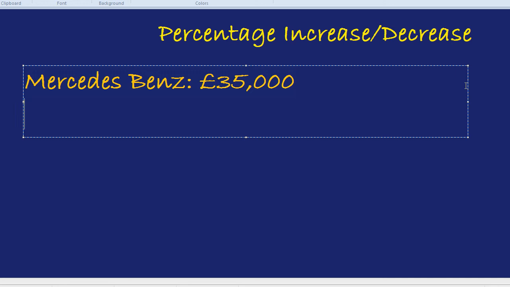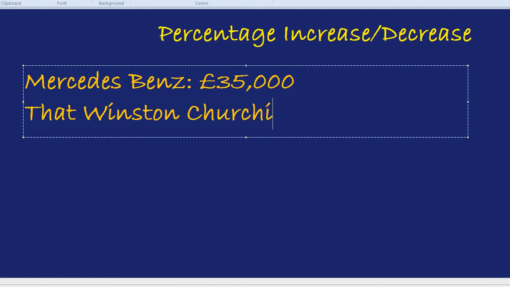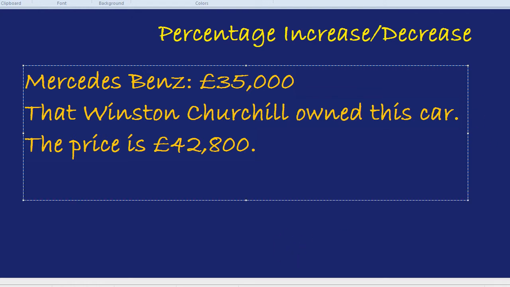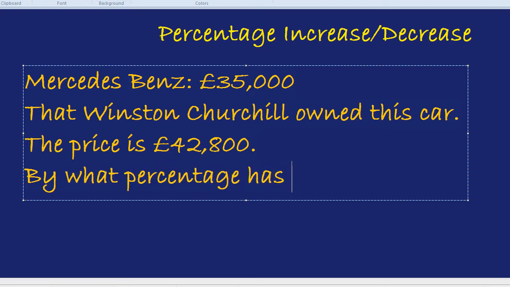Then they realized that, let's say, Winston Churchill used to own this car. Now suddenly the price for the car is £42,800, because people want to drive the car that Winston Churchill used to own. The question would be, by what percentage has the value increased?